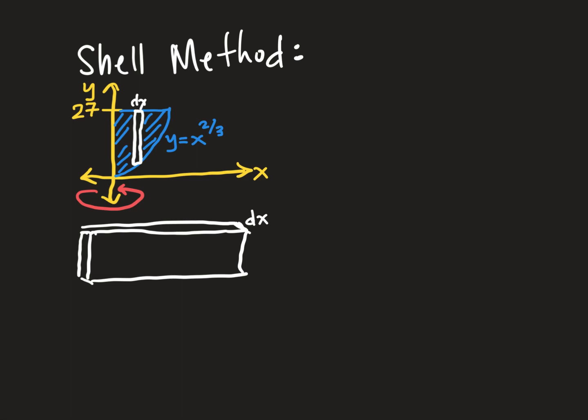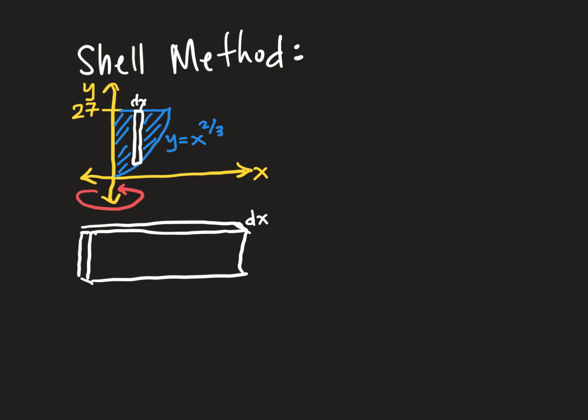Sorry, I had a brain freeze. One way we can talk about the height of this rectangle is that it's going to be this y value minus this y value.